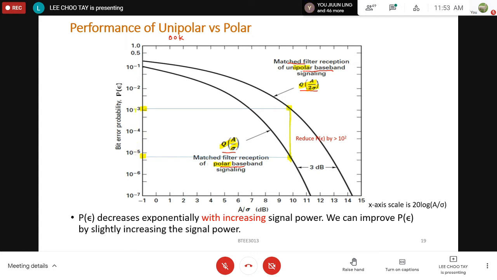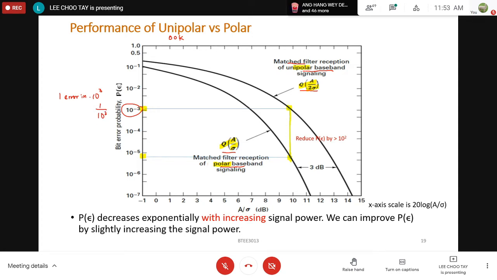All right. So what does a probability of error of 10 to the power of minus 3 mean? It means there will be one error in 10 to the power of 3 bits, because 10 to the power of minus 3 is 1 over 10 to the power of 3, right?